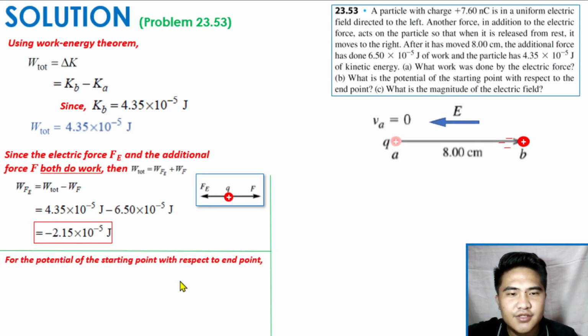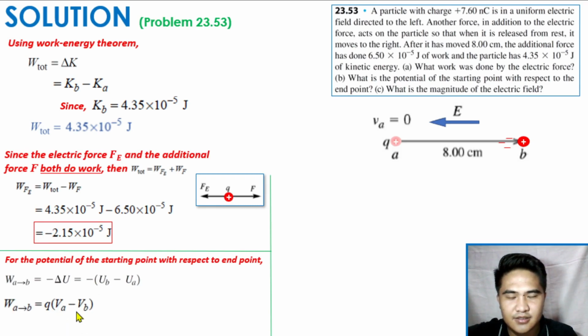For the potential of the starting point with respect to the end point, we will use this formula. Work from A to B is equal to the negative change in potential energy. So we know that potential energy is equal to the product of the charge multiplied by the potential.